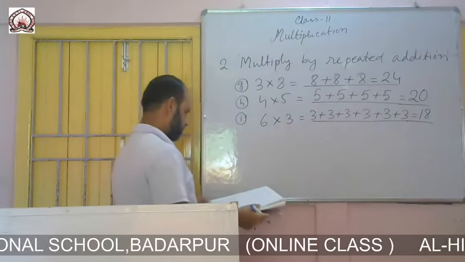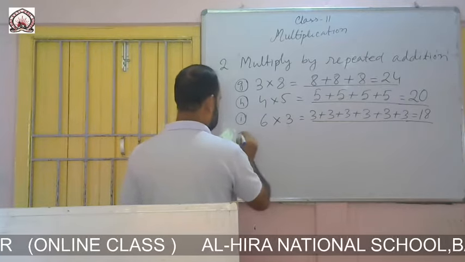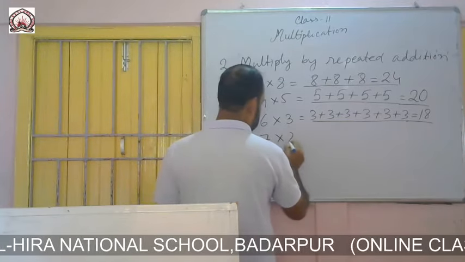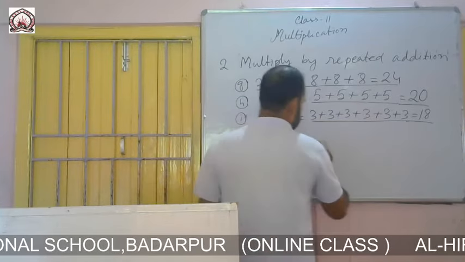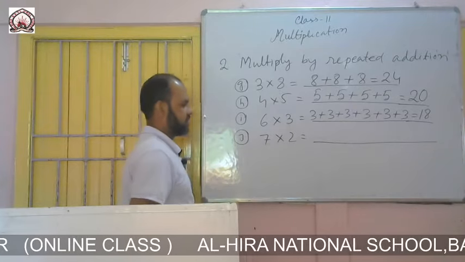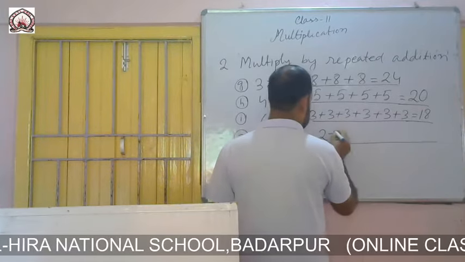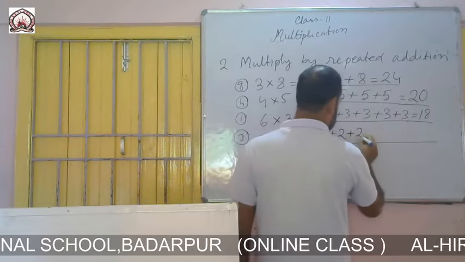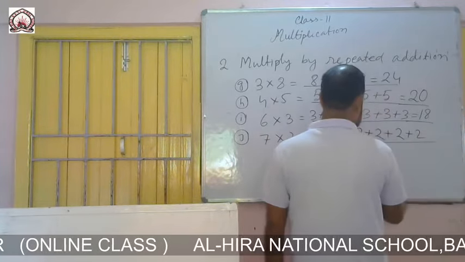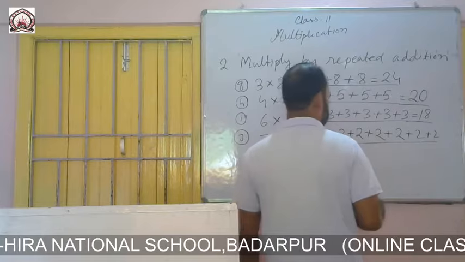Next, question number J. 7 into 2. Here we get 2 7 times. 7 2s means 2 7 times. 2 plus 2 plus 2 plus 2 plus 2 plus 2 plus 2, 7 times.